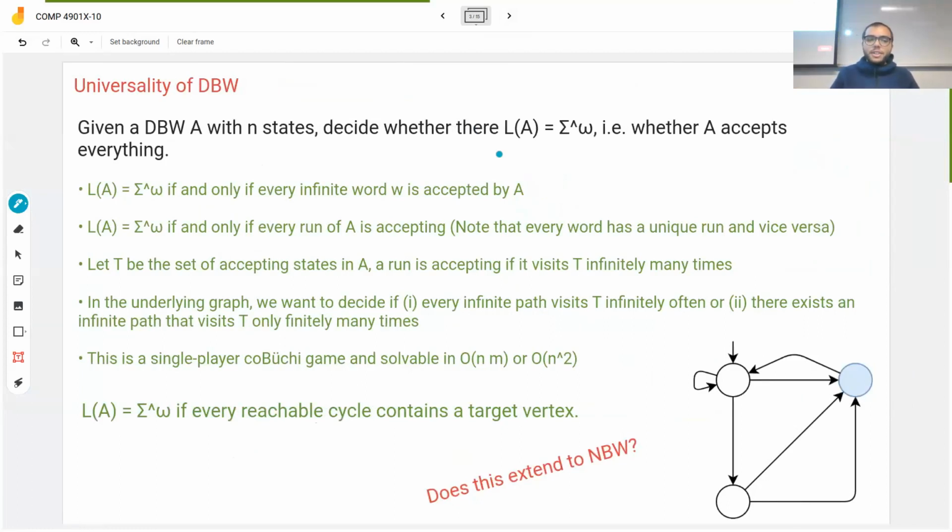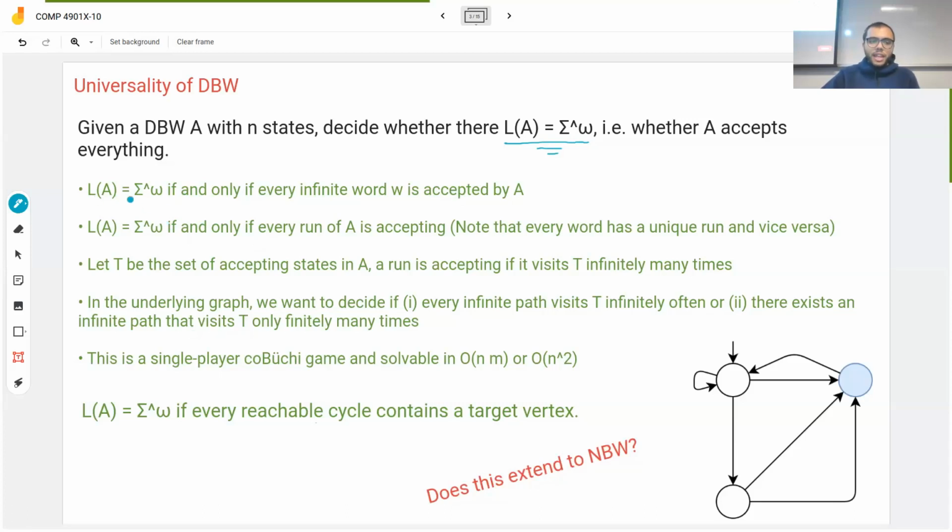So first, let's talk about the deterministic case. Okay. So let's say I have a deterministic Büchi automaton A, and it has n states. And I want to figure out if the language of A is the set of all infinite strings. I want to figure out if my automaton accepts everything. Okay. So let's just go over this definition several times, and we will eventually get to an answer.